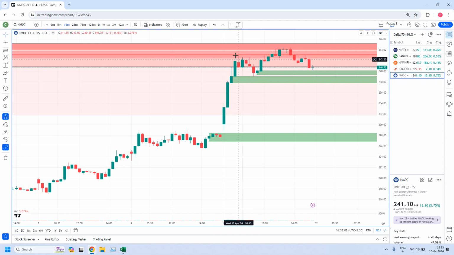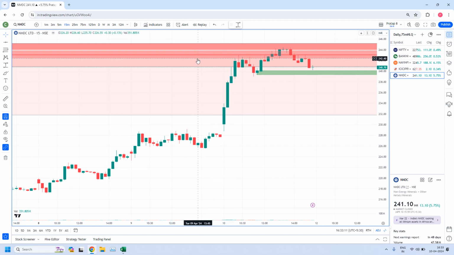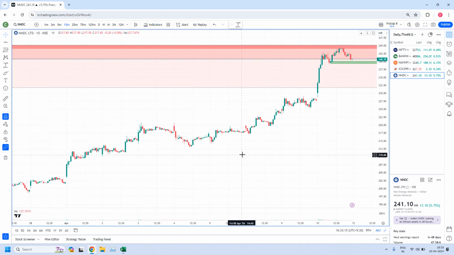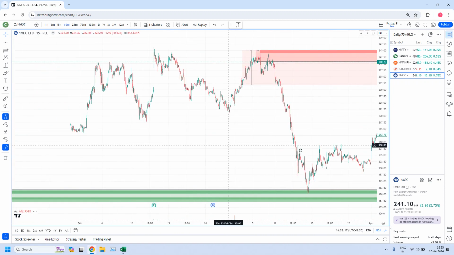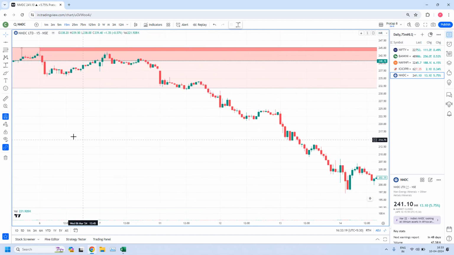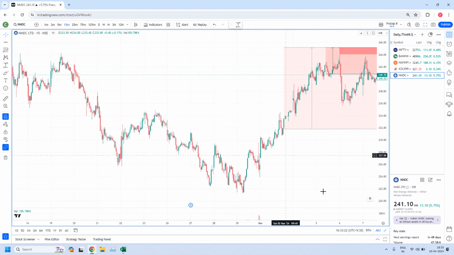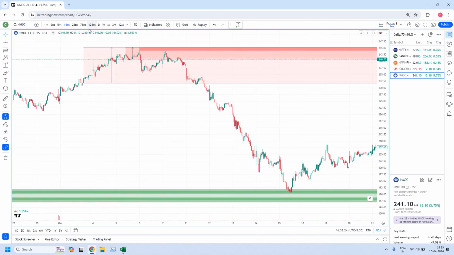Now this trade is completed. Now let me delete this to bring the clarity. I am even deleting these zones. Now what is remaining? The aggressive trade is remaining. See here, let me explain once again. Here we have a daily zone.